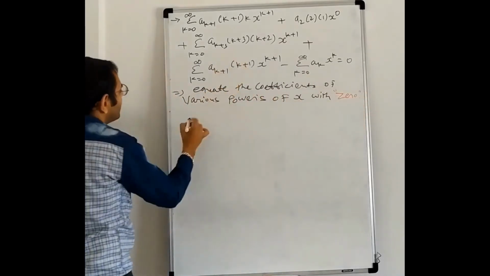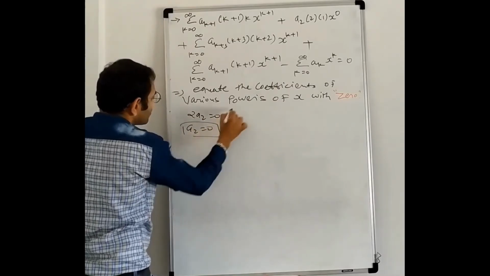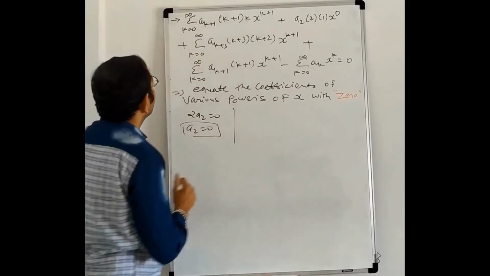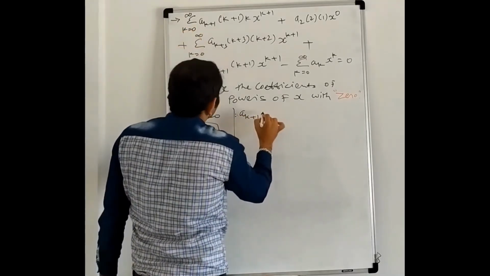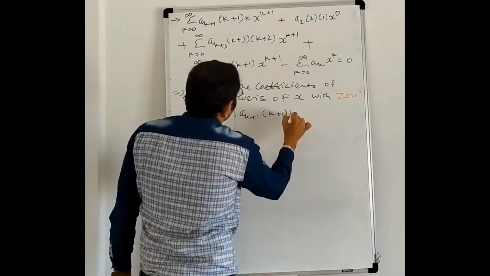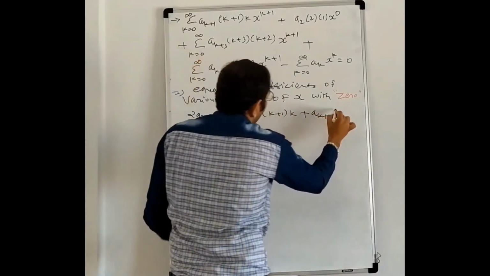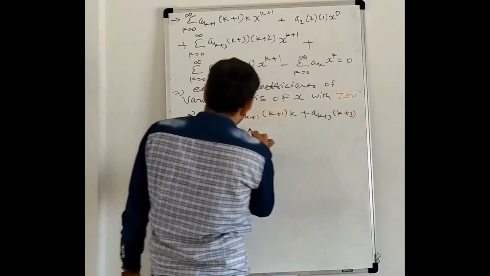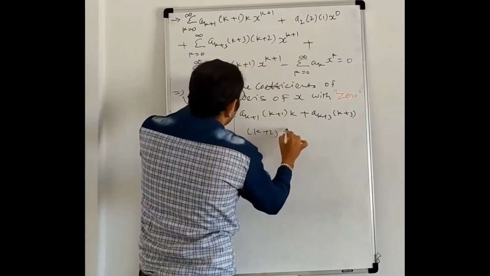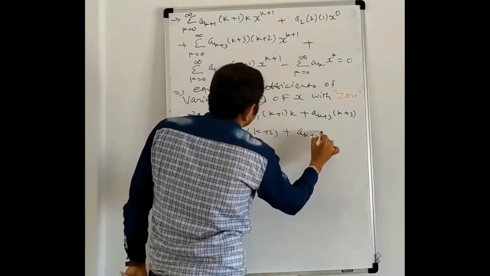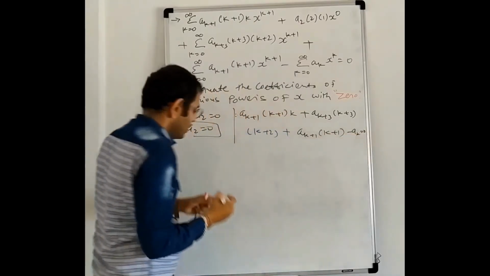Then we get, first one is 2a2 equal to 0, then a2 equal to 0. Remaining terms: a_(k+1)(k plus 1)k plus a_(k+3)(k plus 3)(k plus 2) plus a_(k+1)(k plus 1) minus a_k equal to 0.